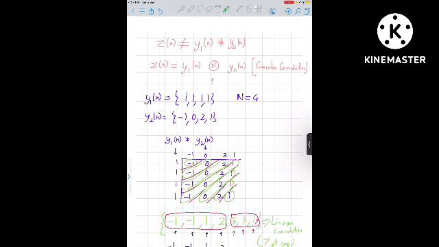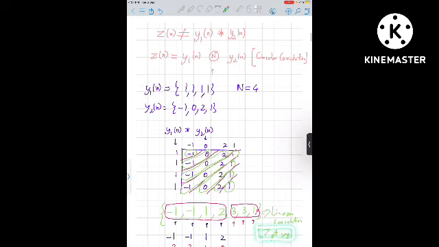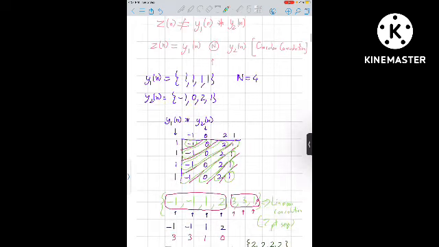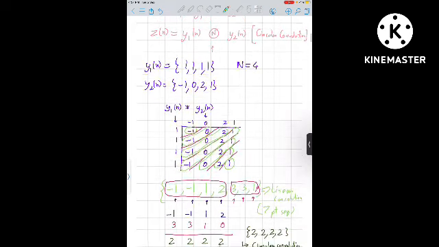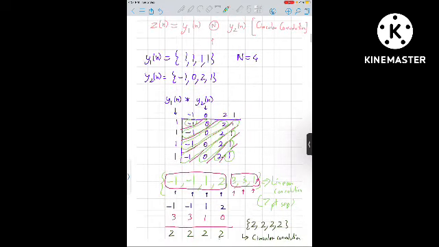But what happens in circular convolution? Let us write the elements separately. In circular convolution we are supposed to have an n equal to 4-point sequence. So let's suppose we write each of them one by one. It's a minus 1, I wrote that. Now another minus 1 I write over here, another 1, then a 2.